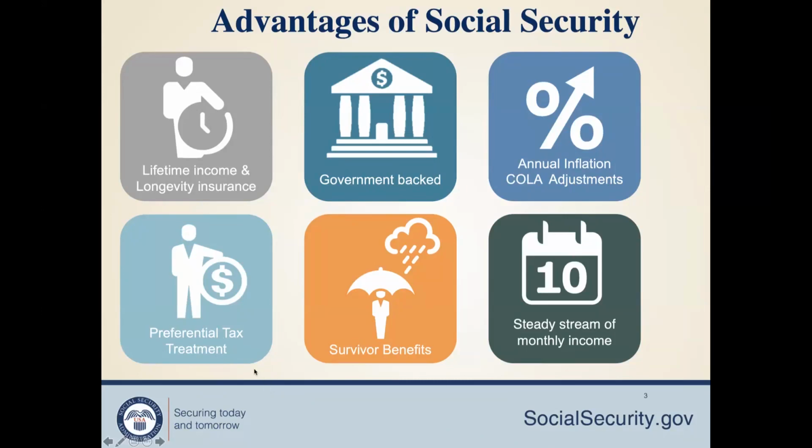Whereas if you have other income, like an IRA you have to withdraw from, or other interest income after you retire, then you will still get 15% off. So you are paying maximum tax only on 85% of the Social Security, even at the highest bracket. And it's a steady stream of monthly income.